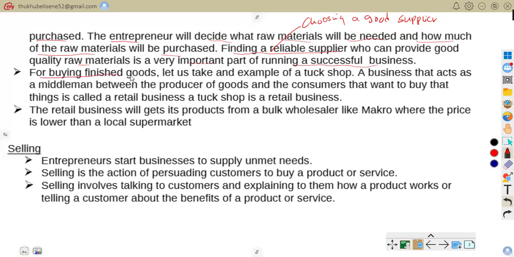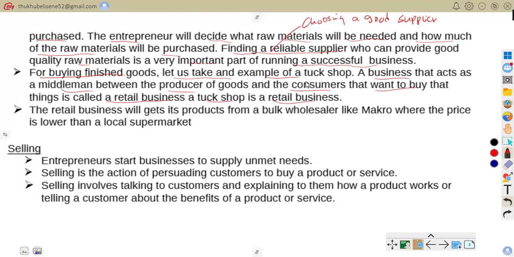For buying finished goods, let us take an example of a tuck shop. A business that acts as a middleman between the producer of goods and the consumers that want to buy those things is called a retail business. It's called a retail business. So a tuck shop is a retail business.